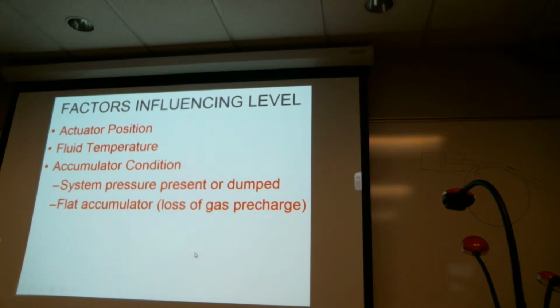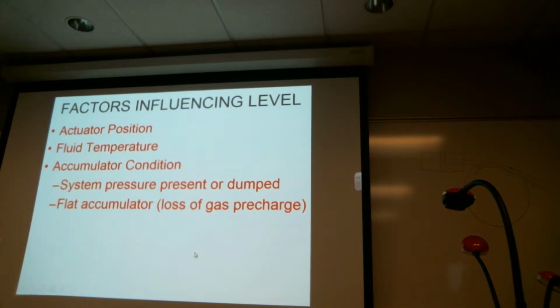The difference in displacement from the actuator has to be accommodated by the reservoir. So if you push all the pistons out and the rod has been pushed out, assuming you had a bunch of them, the level's going to drop in the reservoir. And if you push all the pistons in, the rod occupies some of the volume on the other side. So obviously that could influence the level you see in the reservoir. Another consideration for fluid level would be temperature.